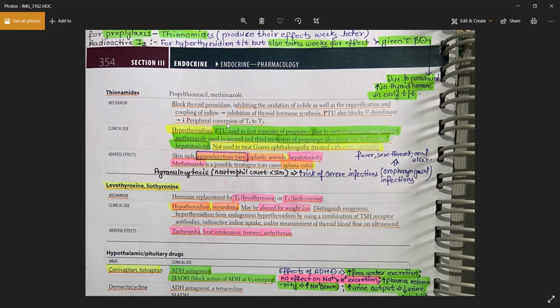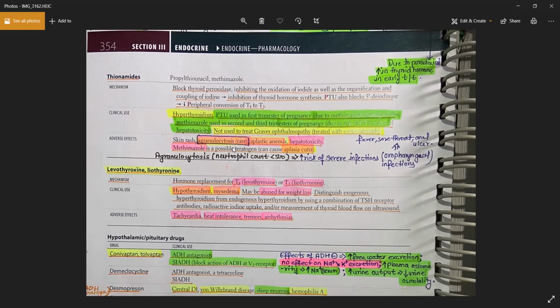So for any pregnant female, you first give PTU in the first trimester, and when the first trimester is over, you give methimazole to prevent the hepatotoxicity. You cannot give methimazole first because it is highly teratogenic. Very important.